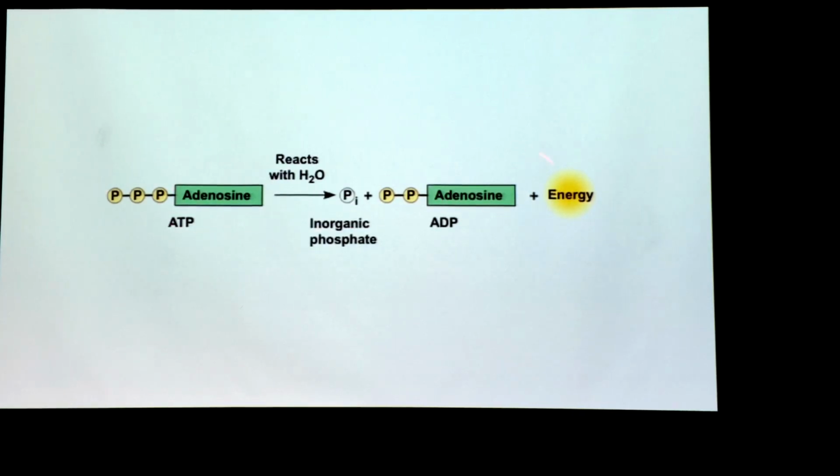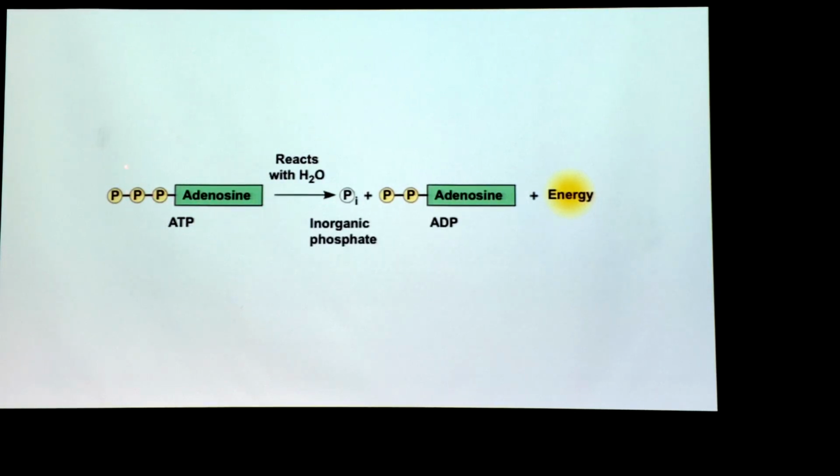Molecules contain energy, for our purposes, in the bonds between the atoms. In the bonds between atoms is where the energy is stored for our purposes. It's not 100% accurate, but it's pretty close. So that means the larger the molecule, the more energy it contains.